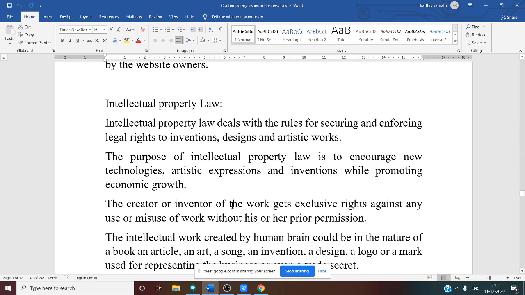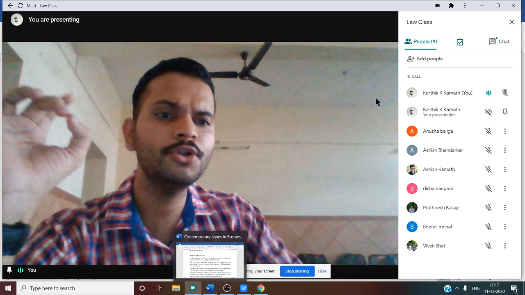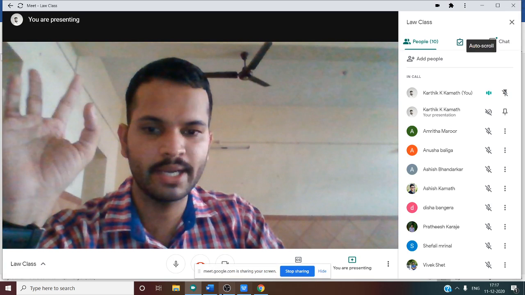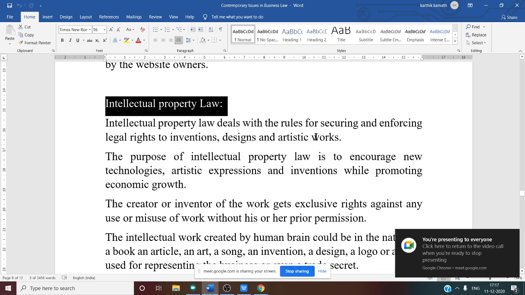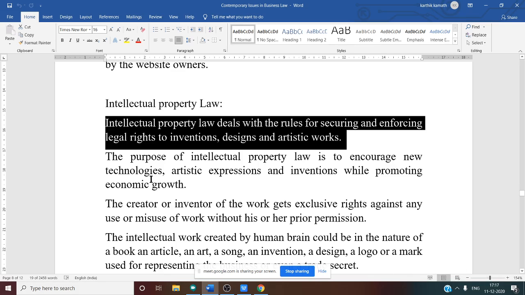Now today we are going to discuss intellectual property law. What do you mean by intellectual property law, and why is it required? Intellectual property law deals with rules for securing and enforcing legal rights to inventions, designs and artistic work.